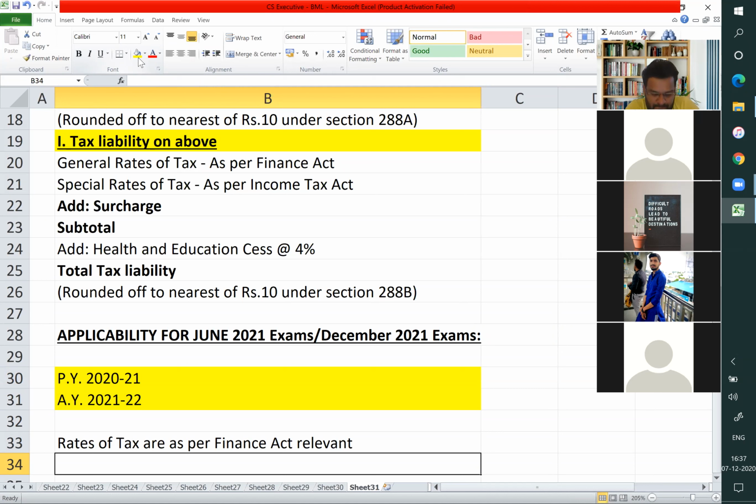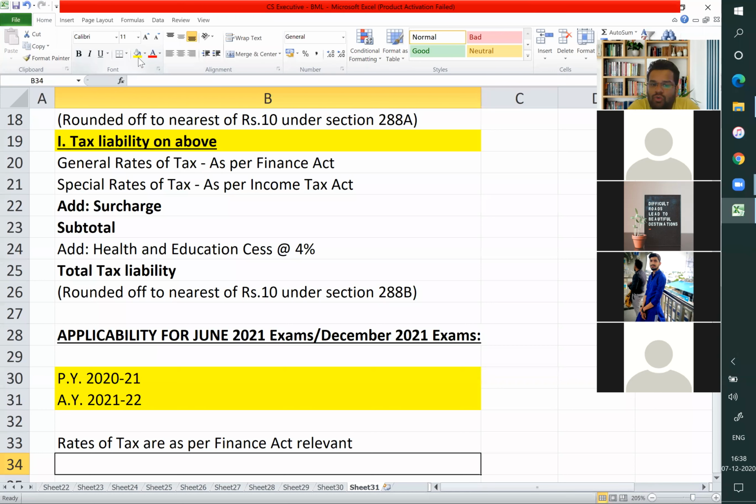Now be careful. Tell me, when is the Finance Budget proposed? In which month? It is proposed somewhere in the month of Feb. Now understand, that budget brings changes for the upcoming PY.